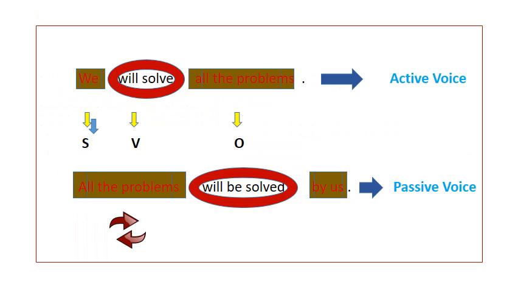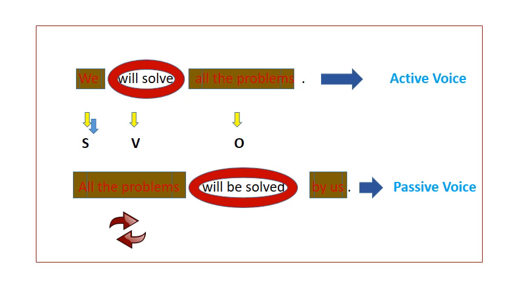Now, my dear children, let's have the explanation. The method is the same, the rules are the same. The change is of the helping verb only. The first rule says the object of the verb in the active voice becomes the subject of the verb in the passive voice. So the object of the verb in the active voice is "all the problems," and in the passive voice, "all the problems" has become the subject of the verb.